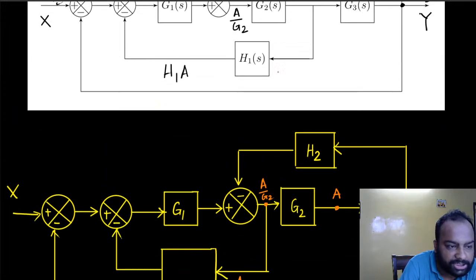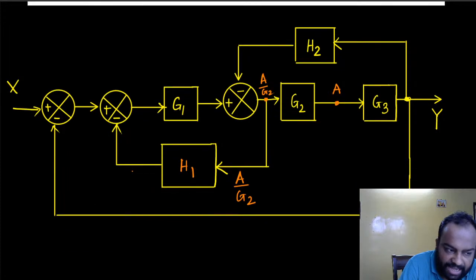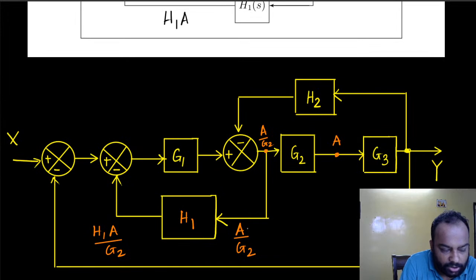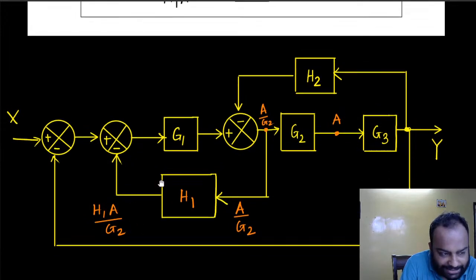What was the transfer function? H1. What is the output? Unfortunately, the output is now H1A by G2, because A by G2 is feeding into this one.